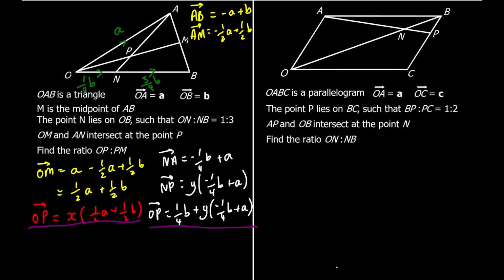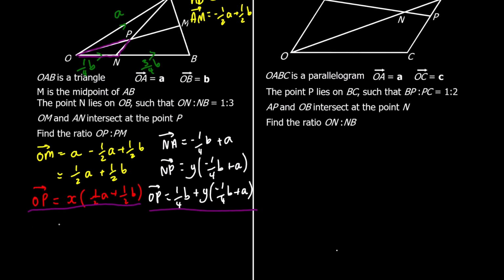They're both O to P. So I can make them equal to each other. I can say X times half A plus half B is equal to 1/4 B plus Y times minus 1/4 B plus A.